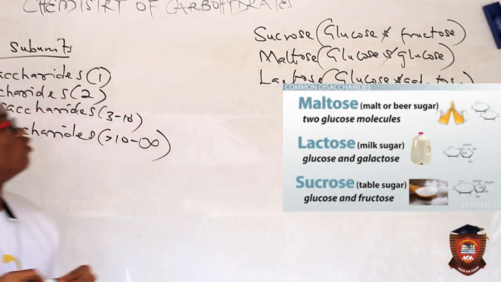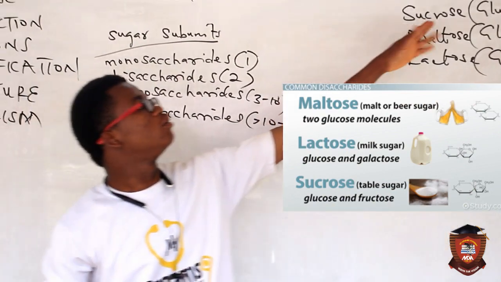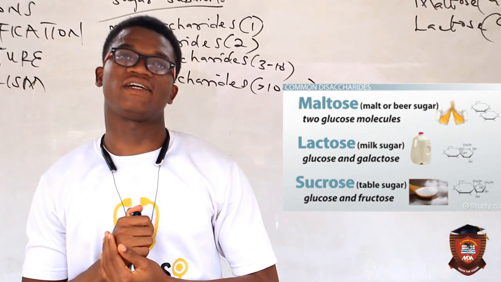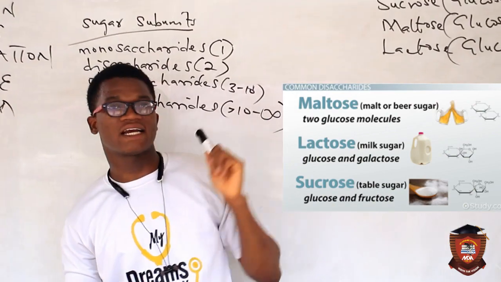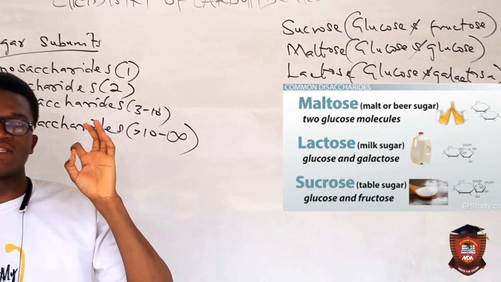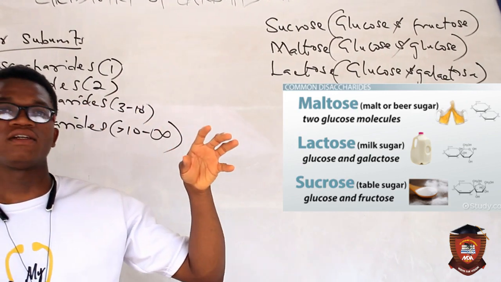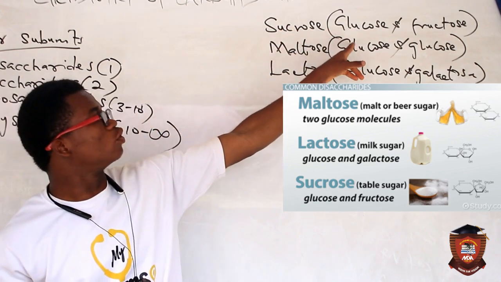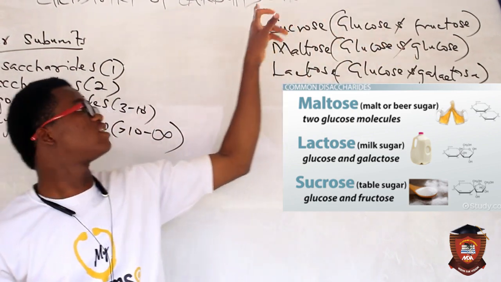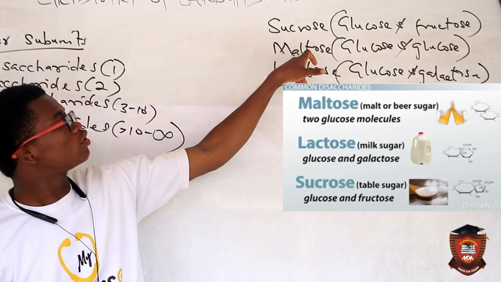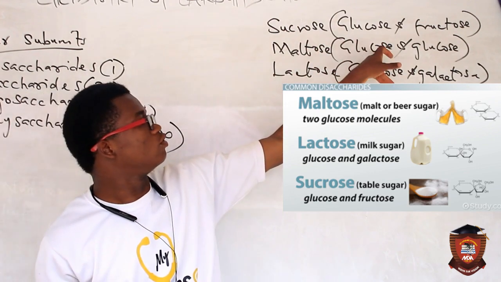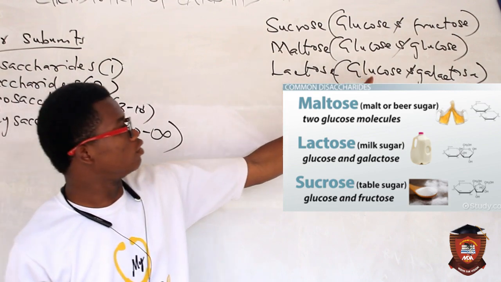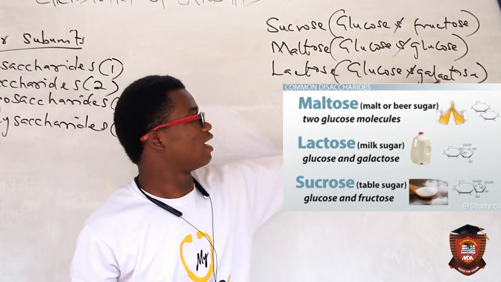So if we look very well, we discover that glucose is a single monosaccharide that is found in all disaccharides. So when you must have a disaccharide, it means you must have a glucose and any other monosaccharide. So when you have glucose and fructose, you get sucrose. Maltose is when you combine glucose and another glucose, and lactose is when glucose comes together with galactose.